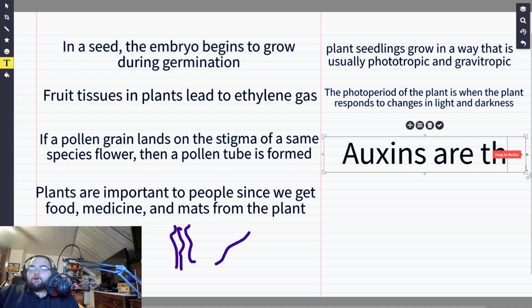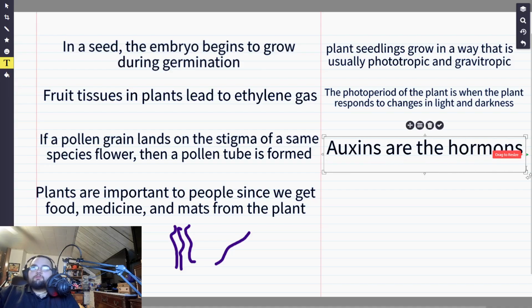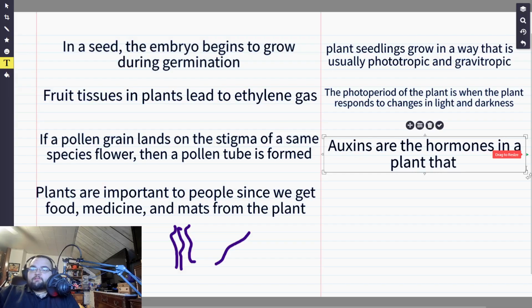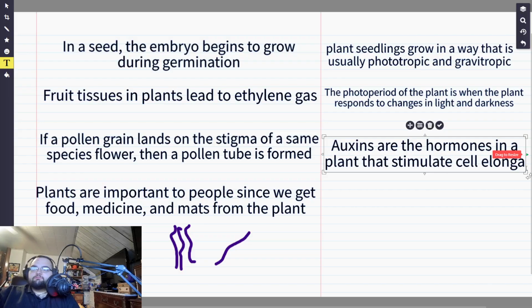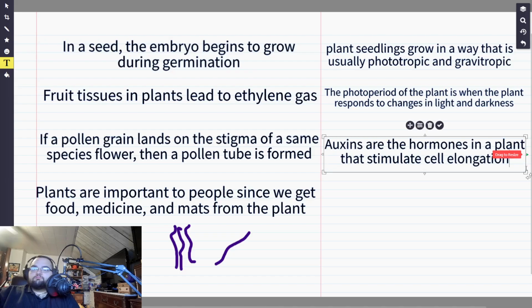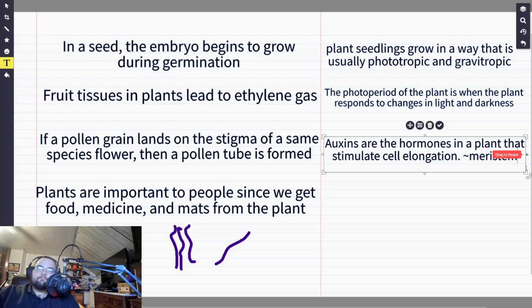Auxins are the hormones in a plant that stimulate cell elongation. You can think of it very close to the meristems.